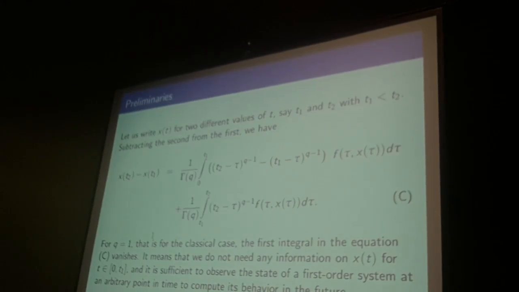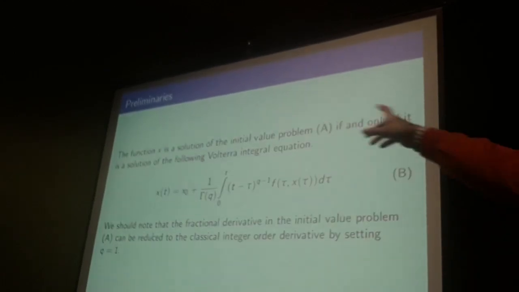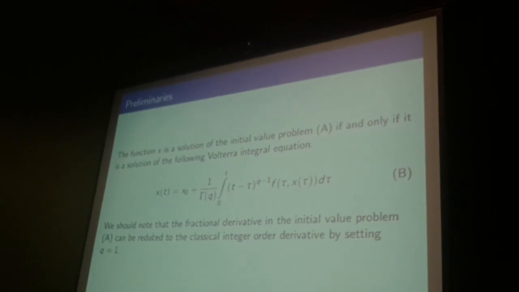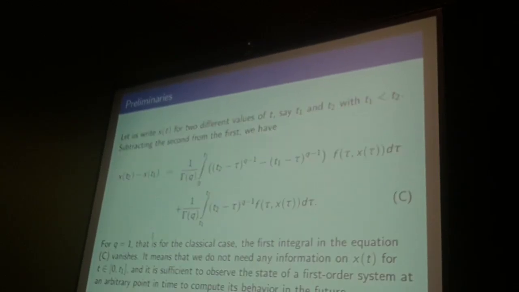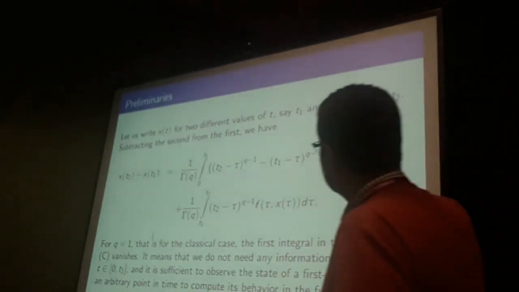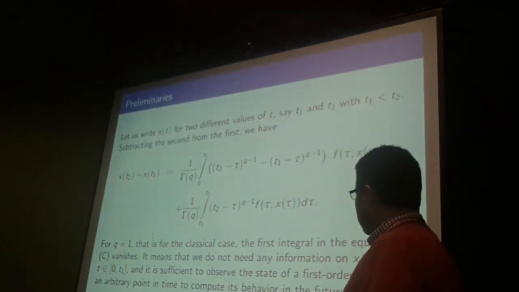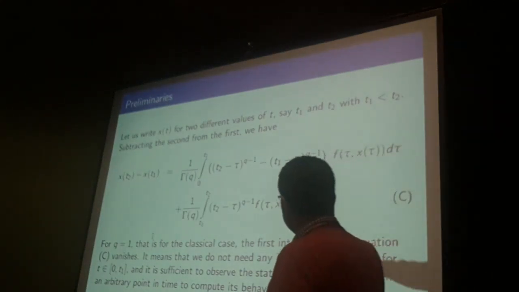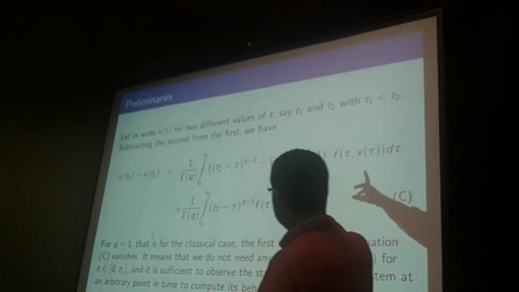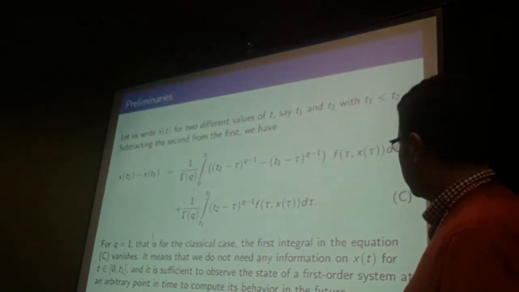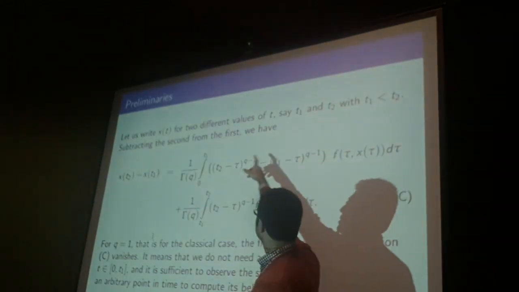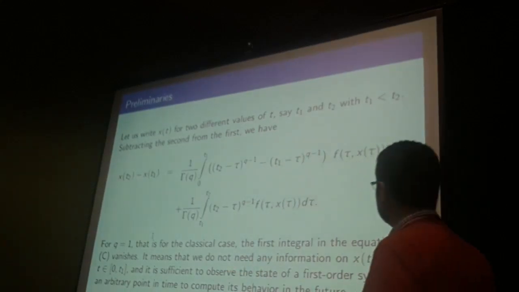We take two different points of t, say t1 and t2, write this equation for t1 and t2, and subtract these two equations; we get such a statement. In the classical case, when q equals 1, the first integral in this statement vanishes because of this statement in the parentheses.